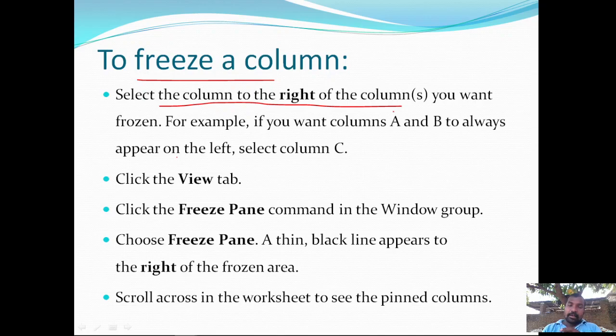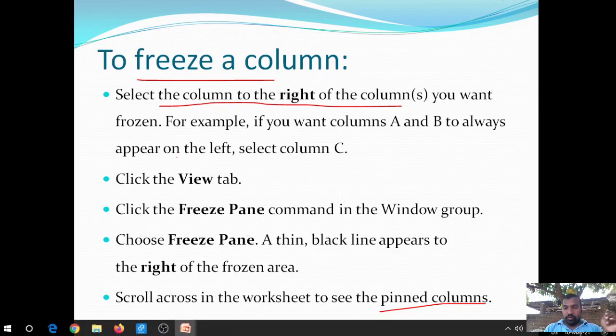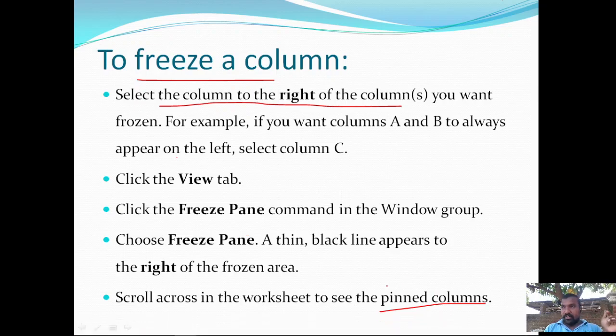A thin black line appears to the right of the frozen area. Scroll across the worksheet to see the pinned columns. This is the same as freezing a row. So this is how to freeze a column.